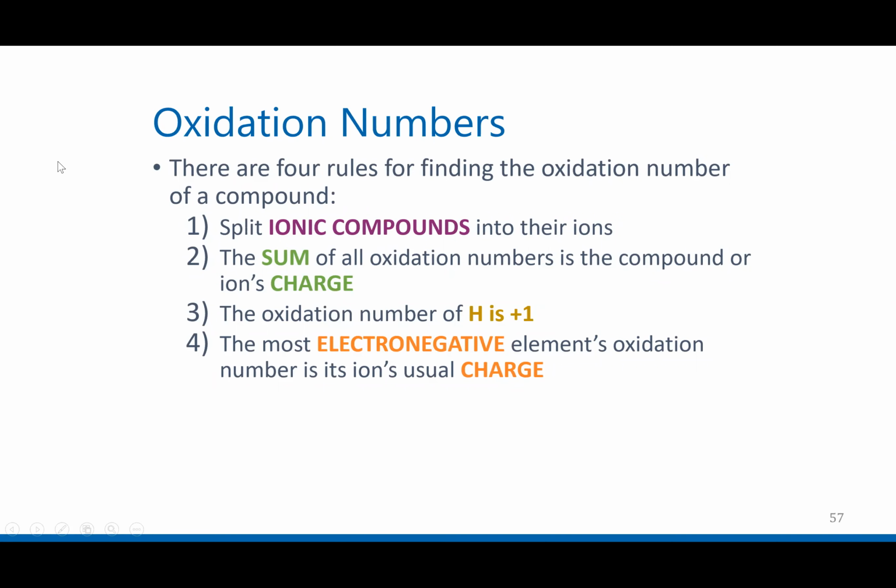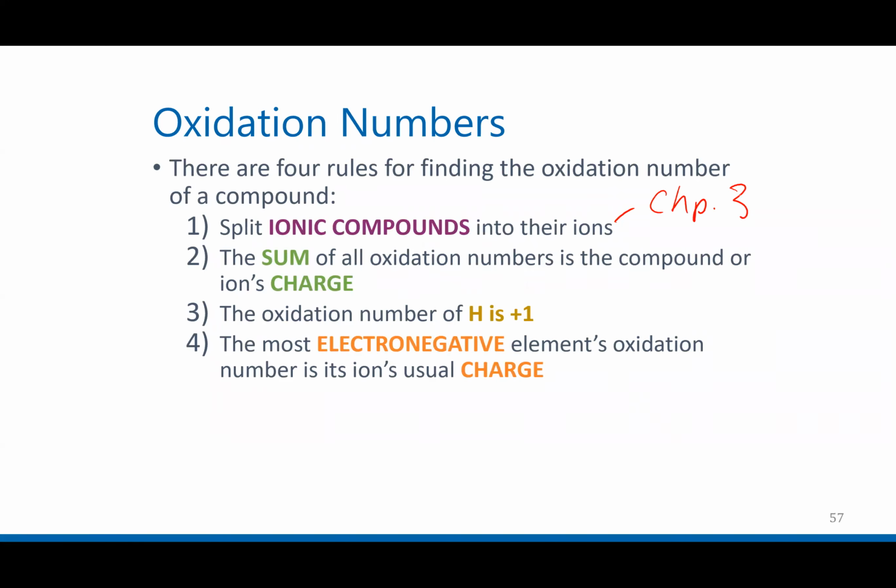So there are 4 rules or 4 steps you follow when you're finding the oxidation number of a compound. The first rule is, and you have to follow these rules in order. If the chemical is an ionic compound, split them into their ions, just like we did in chapter 3.